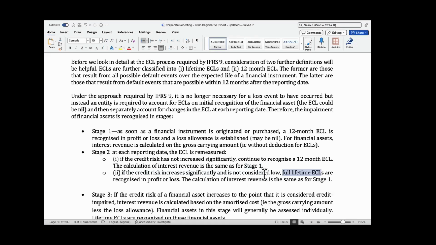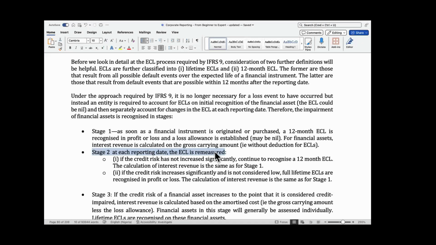This is where stage two starts actually. But for simplicity, take it to stage 2 at the end of the year. If the credit risk has increased, make a full lifetime ECL. But if the credit risk has not increased, continue to do your 12-month ECL.